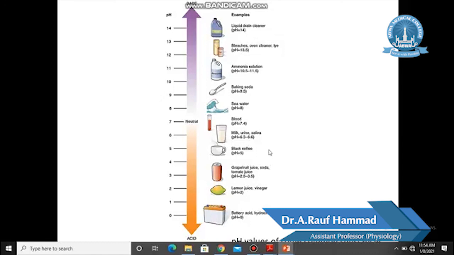These are the pH values of some common substances. You can see it.